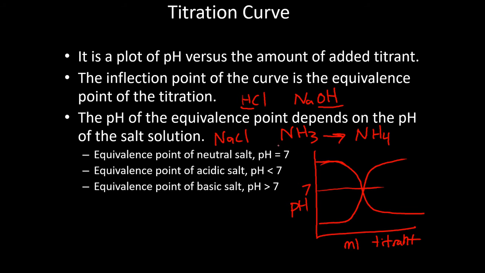So even when we've neutralized all of the ammonia, what we've done is we've made a new thing that has an effect on the pH. So if we have a weak acid or weak base involved in our titration, the equivalence point pH is not going to be 7. It's going to be above or below 7, just depending on what weak thing we started with and the weak thing that we made as a result of our chemical reaction.